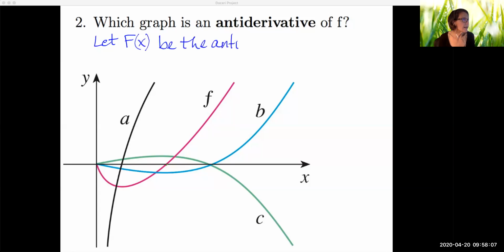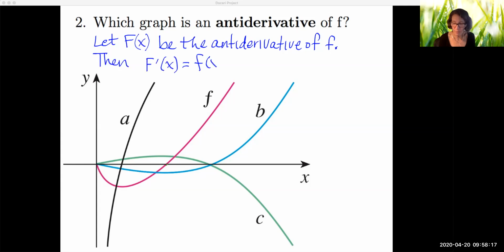So let's say capital F of x is the antiderivative we're looking for. So when we differentiate capital F, capital F prime has to be little f.